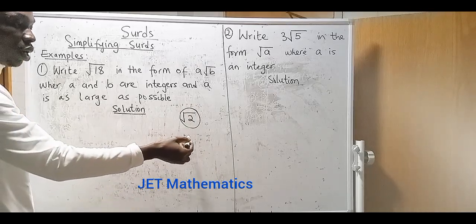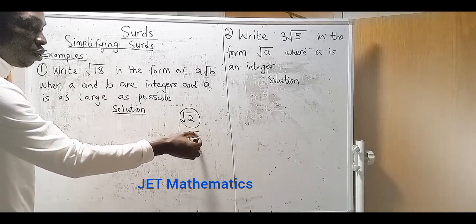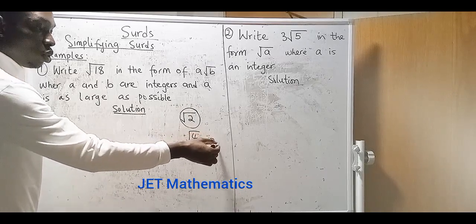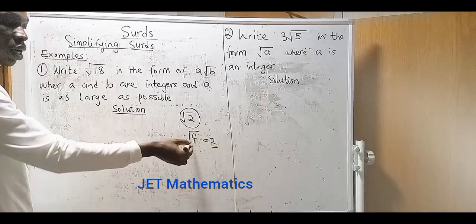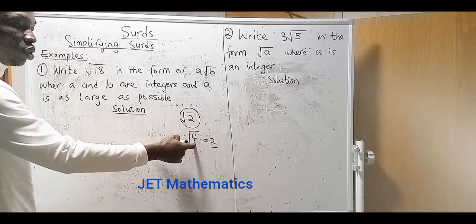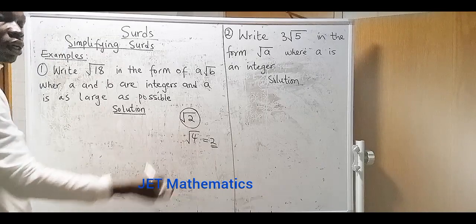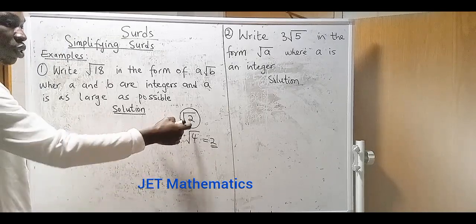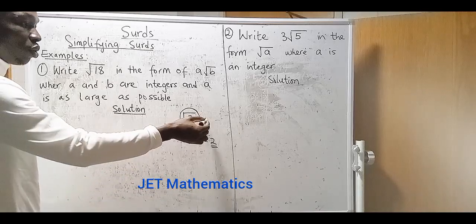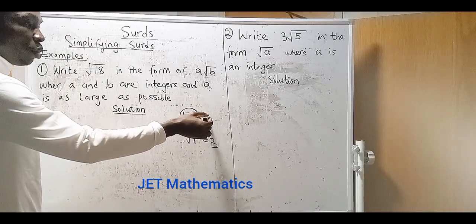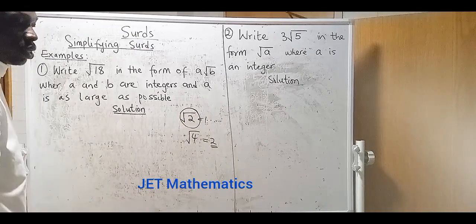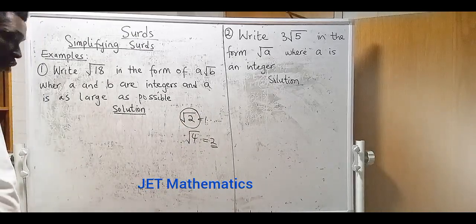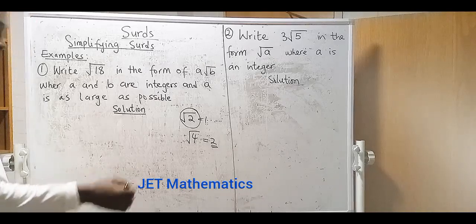Then we can also look at another number, say root 4. Root 4 is 2. This is a rational radical, so this is not a surd, whereas this is a surd, because it's going to give you a number, maybe 1 point something like that. All right, so take note of that.